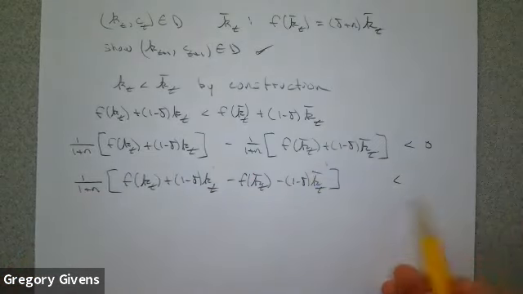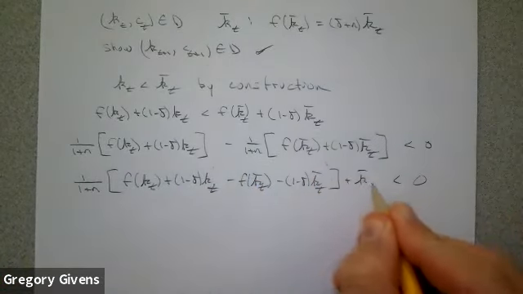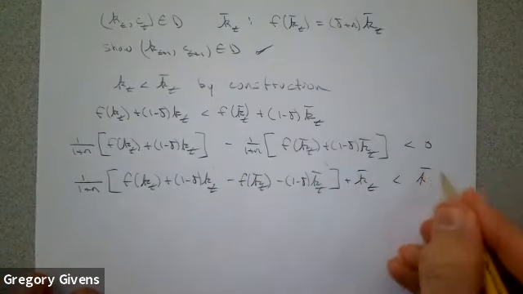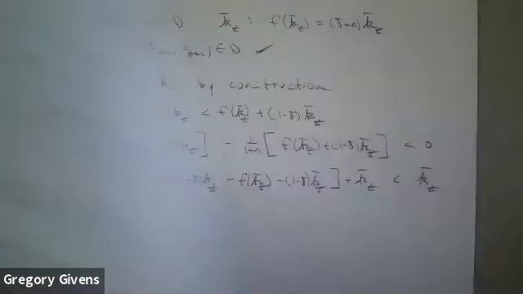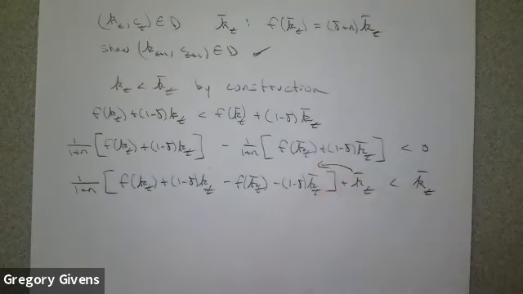Now let me add k bar to both sides of the inequality. That doesn't change the sign of the inequality. But by doing that, it allows me to throw this k bar into the bracketed expression.